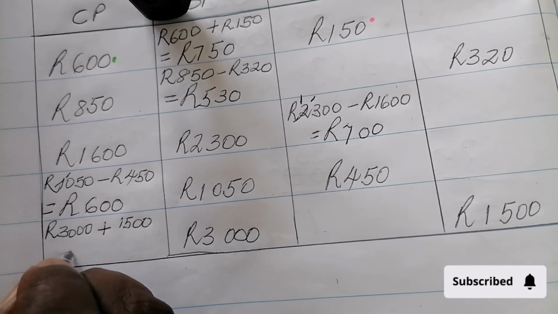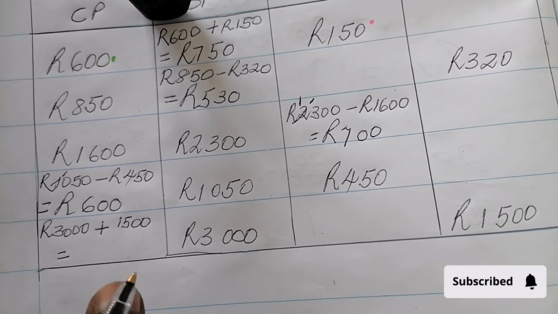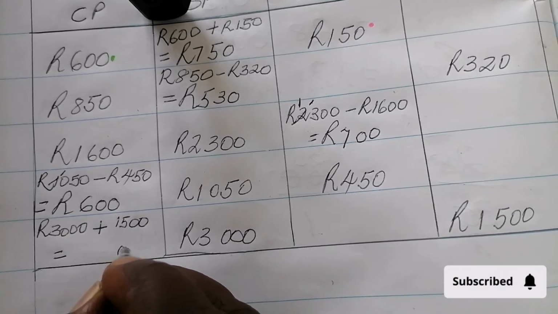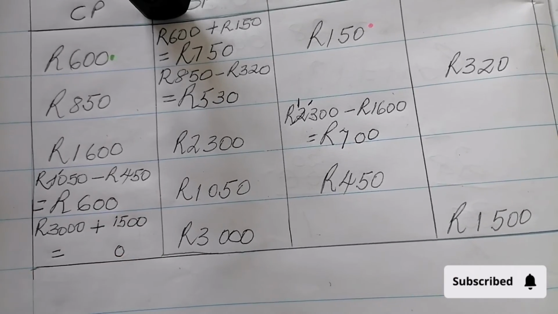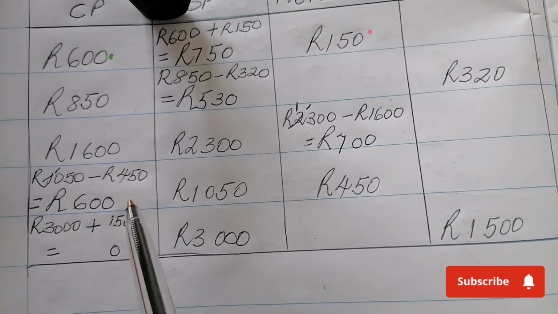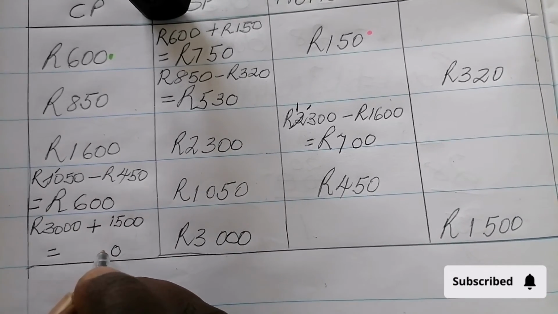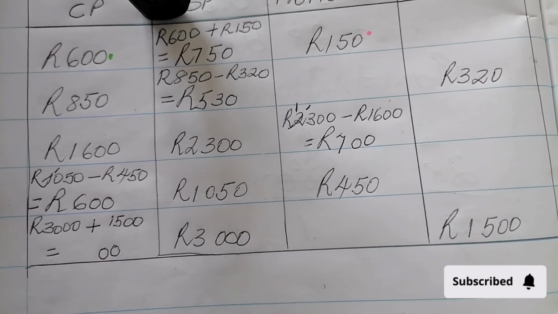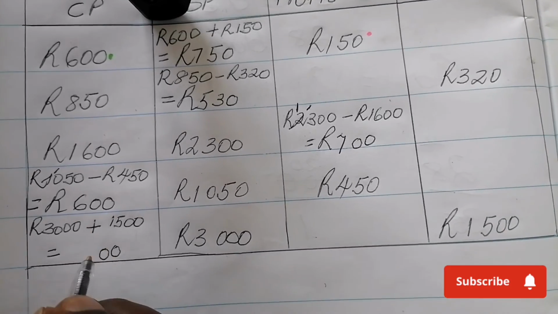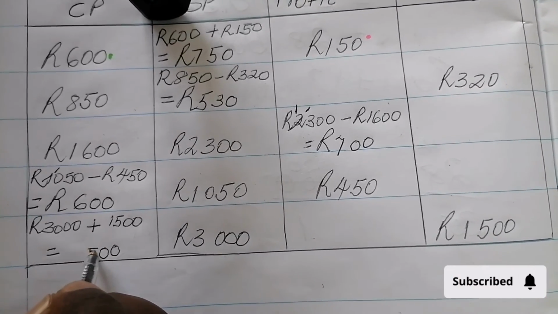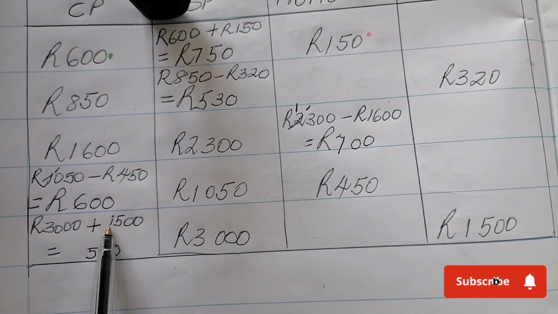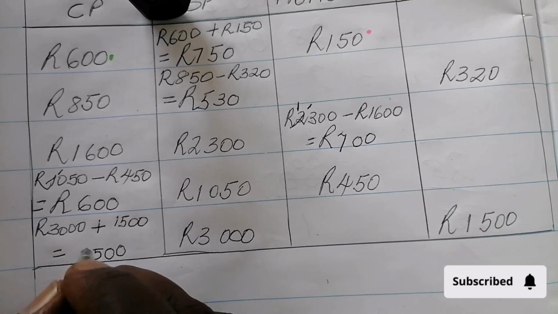So let's add. 0 plus 0 is equal to 0. 0 plus 0 is equal to 0. 0 plus 5, which is 5. 3 plus 1, which is equal to 4.